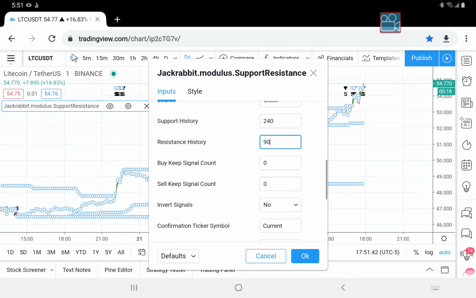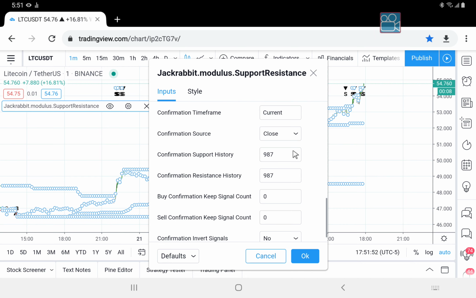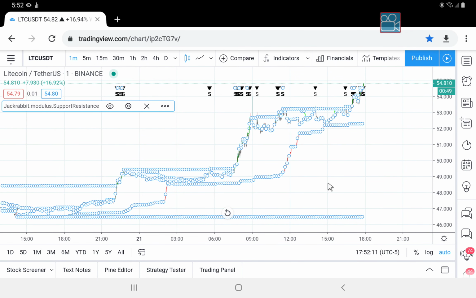Since I am working on the 1 minute chart, these basically represent minutes. Now for my confirmation, let's have the confirmation at 1 day. Actually, let's do our support at 2 days. Let's just see what we can create and what kind of effect it will bring.